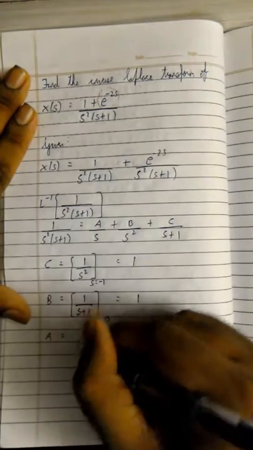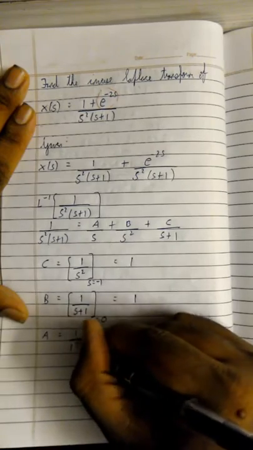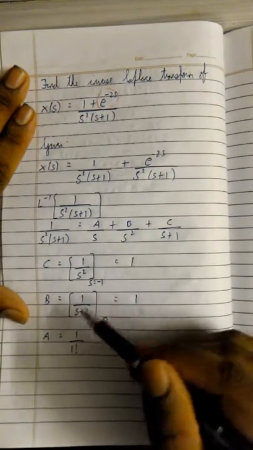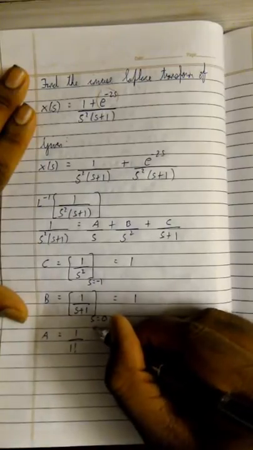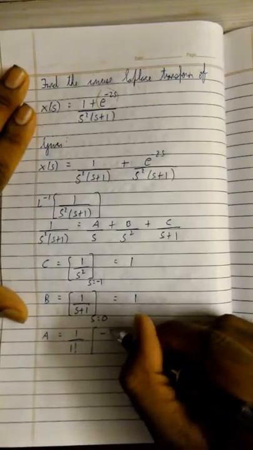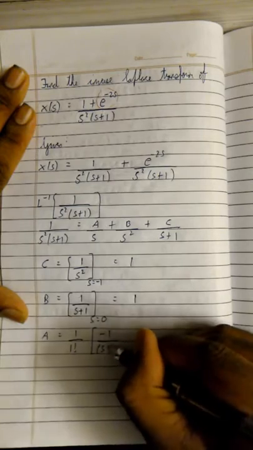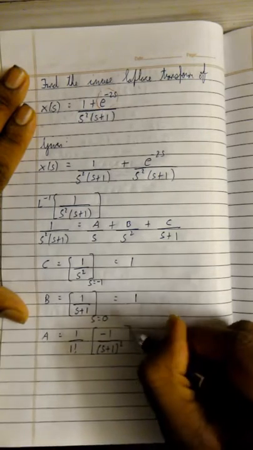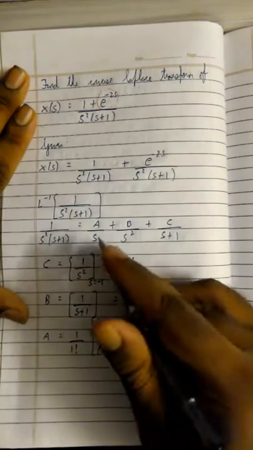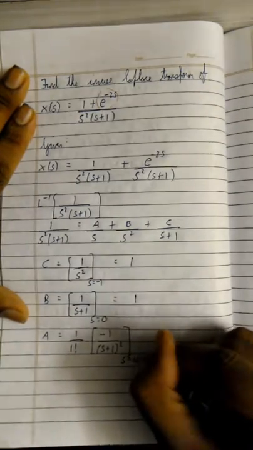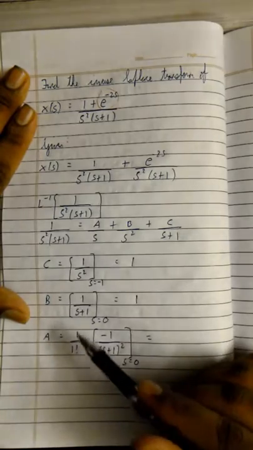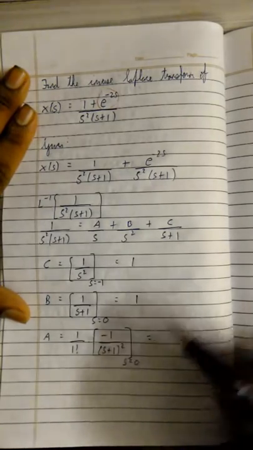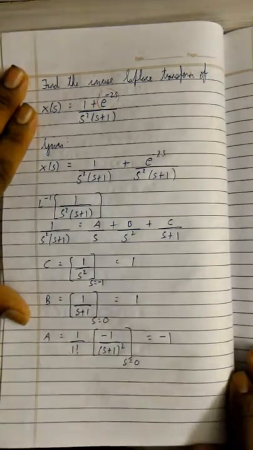So this is nothing but 1 by 1 factorial into, now differentiate this once, just once. You will get minus 1 by s plus 1 the whole square. Then substitute s is equal to 0. You will get the answer as 1 by 1 factorial, which is 1, times minus 1 by 0 plus 1. So the value of A is minus 1.